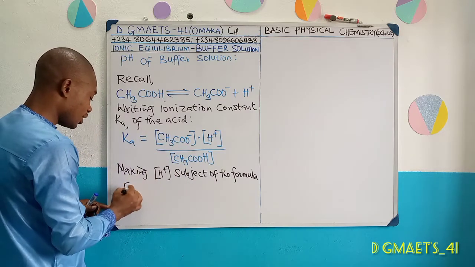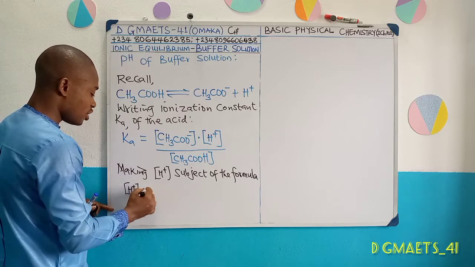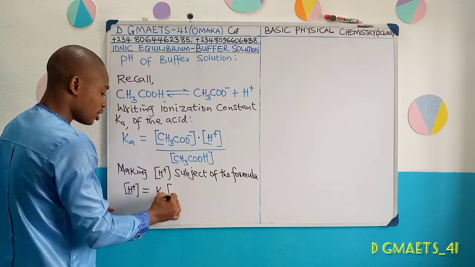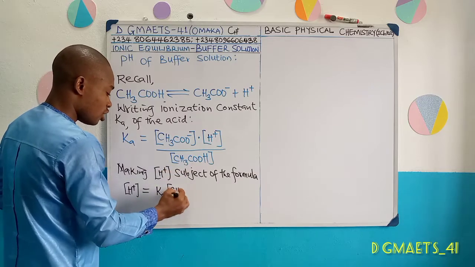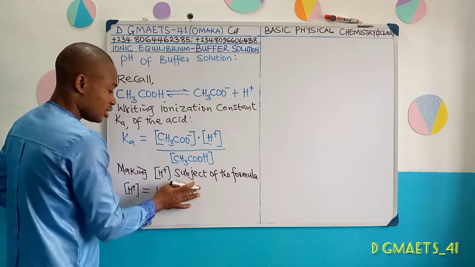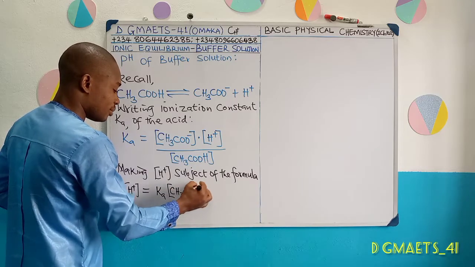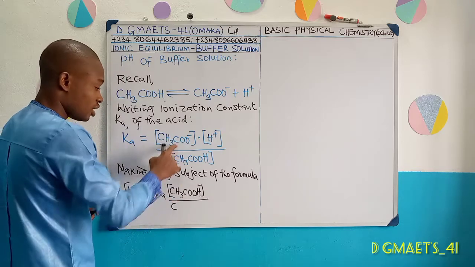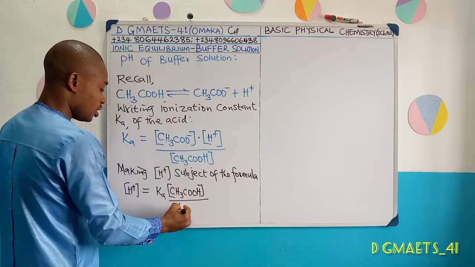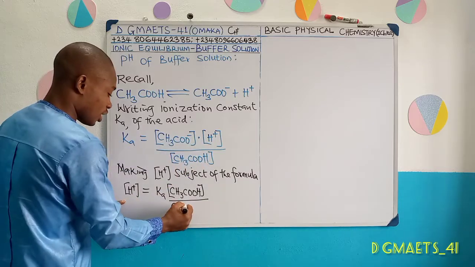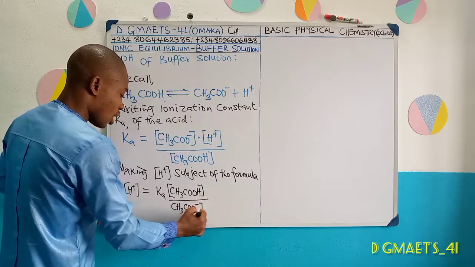Concentration of hydrogen ion will equal Ka multiplied by concentration of this acid, ethanoic acid or acetic acid, then divided by the concentration of the ion wey dey on top here. So na wetin e go be.